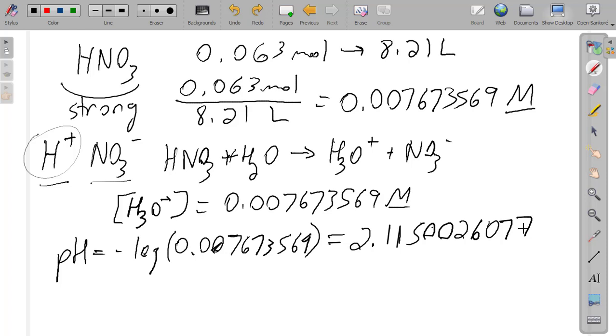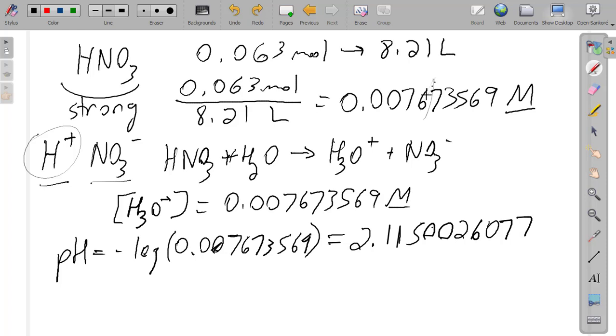But now again, we need to round this to the proper number of significant digits. When we analyze it properly, what you can see is we had 2 significant digits here, 3 significant digits here. So this division, you're going to have 2 significant digits, which gives you 4 decimal places.